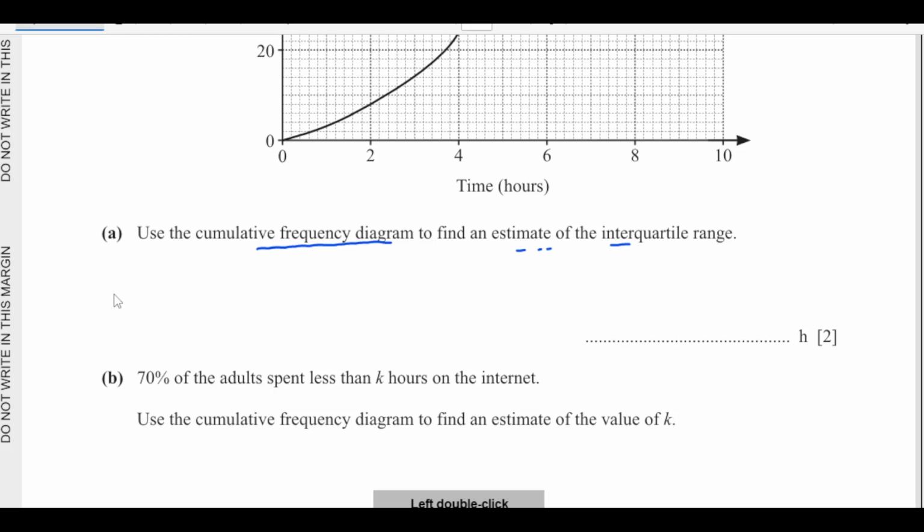So first of all we need to know the interquartile range is upper quartile minus lower quartile, right. So Q3, upper quartile, is 3 over 4. Let me do it separately actually.